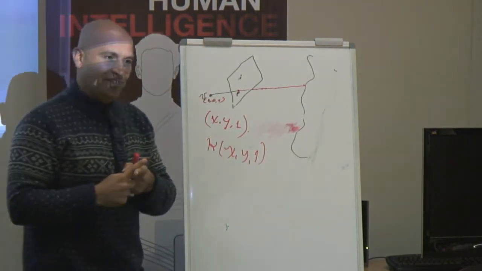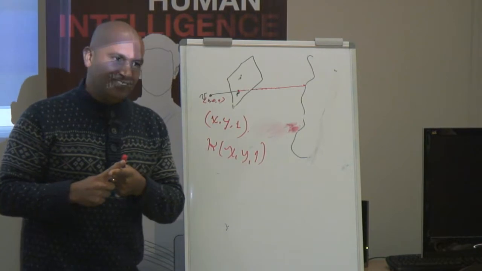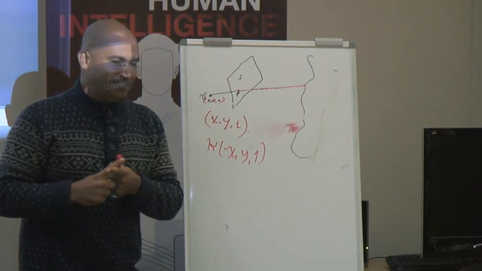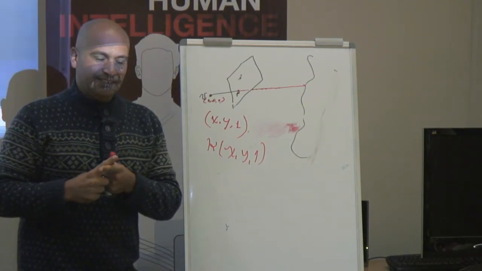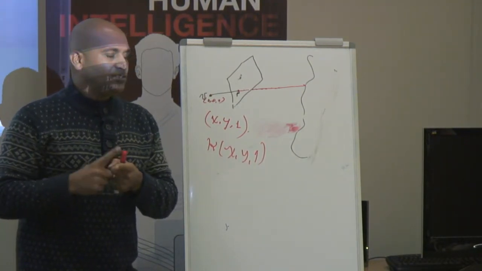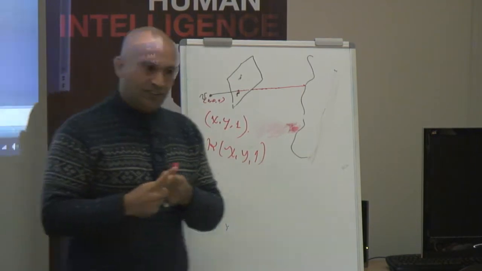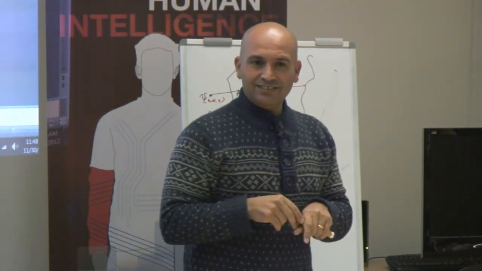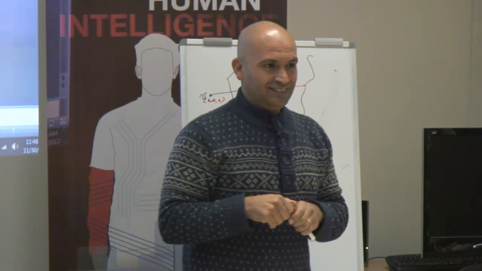They must always intersect in a point. Two lines always intersect in a point in 2D space.